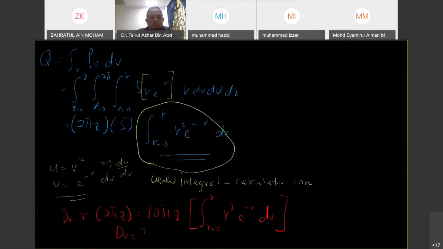And lastly, what we should do, therefore the vector of D is equal to r cap to dr. So this one is if you solve this equation by using the integral form of Gauss law.